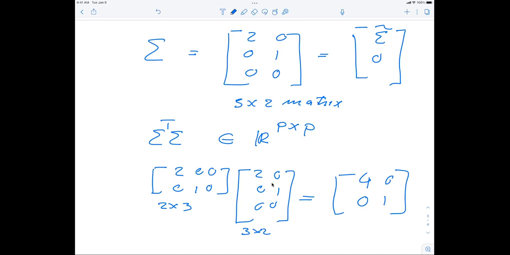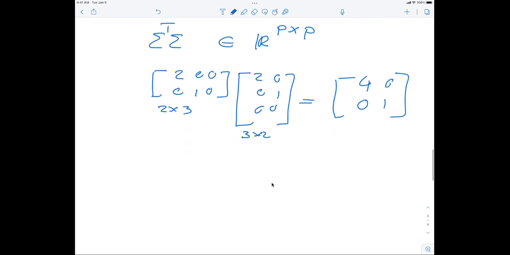This is just an example. If you take sigma times sigma transpose, this becomes a matrix of dimensionality n times n.